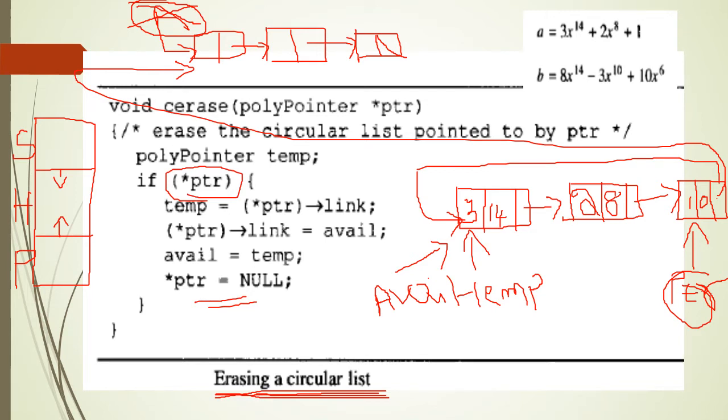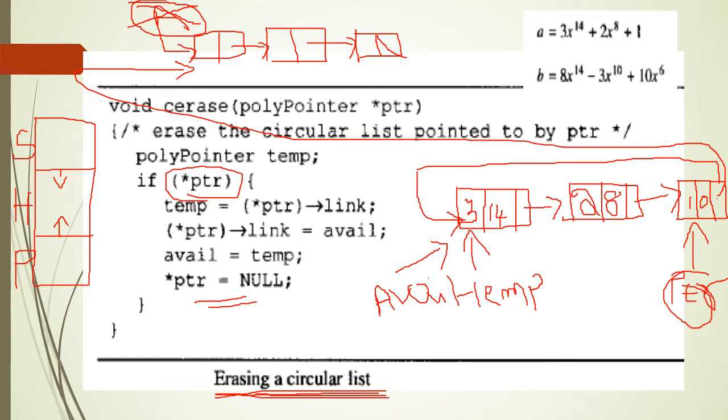That means it's just like creating a new node, but here they are assuming the nodes are already readily available in the heap. When you need a node, you take that node from the heap, and once the usage of the node is over, you send it back to the heap.